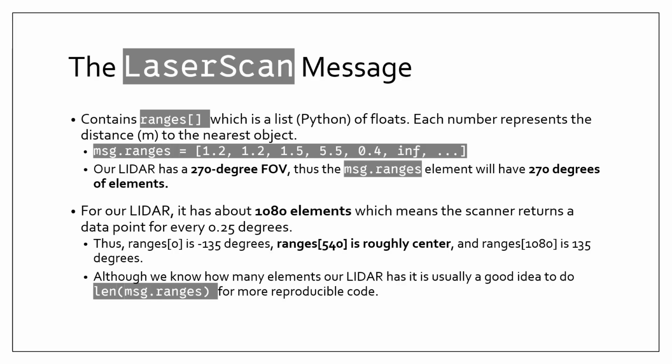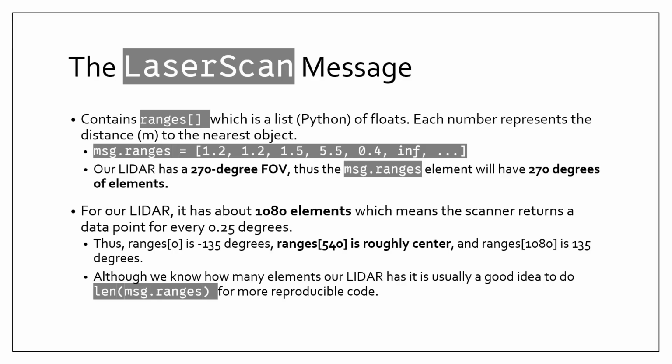So ranges[0], the first item in ranges, will be negative 135 degrees, around over here. Ranges[540] will be roughly the center of what it's looking at. And ranges[1080] will be 135 degrees this way. So it adds up to 270.